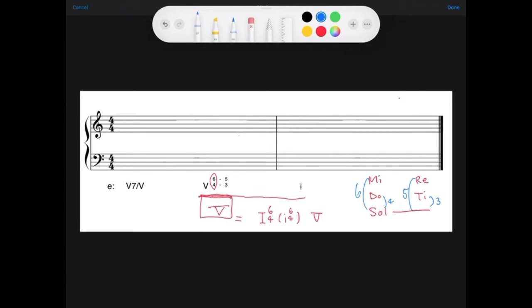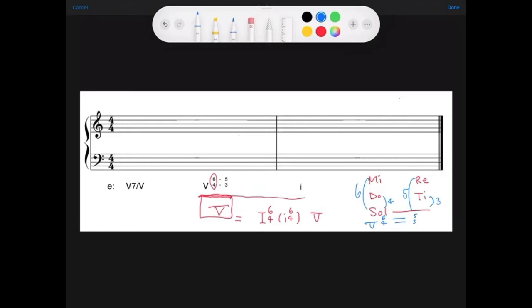So to mi, that's a 6. So that's why we have those figures, and that's why it's written like this: 6/4 to 5/3, because it's essentially a 5 chord that's embellished by the chord tones' upper neighbors there.